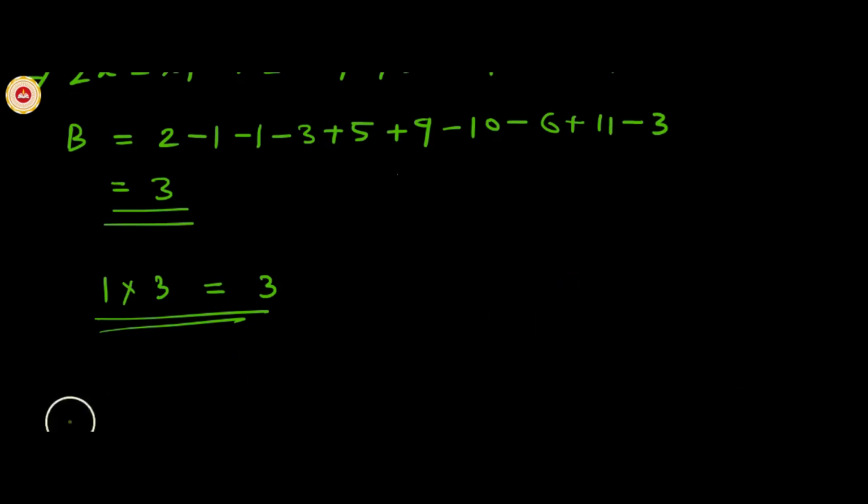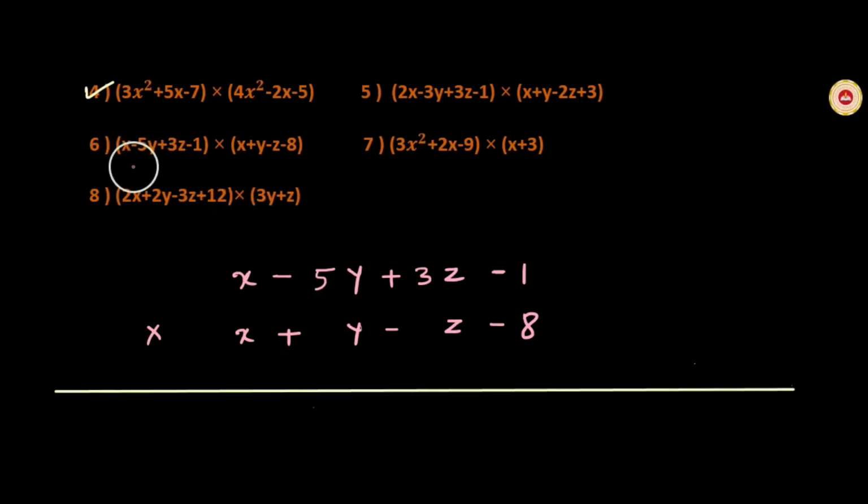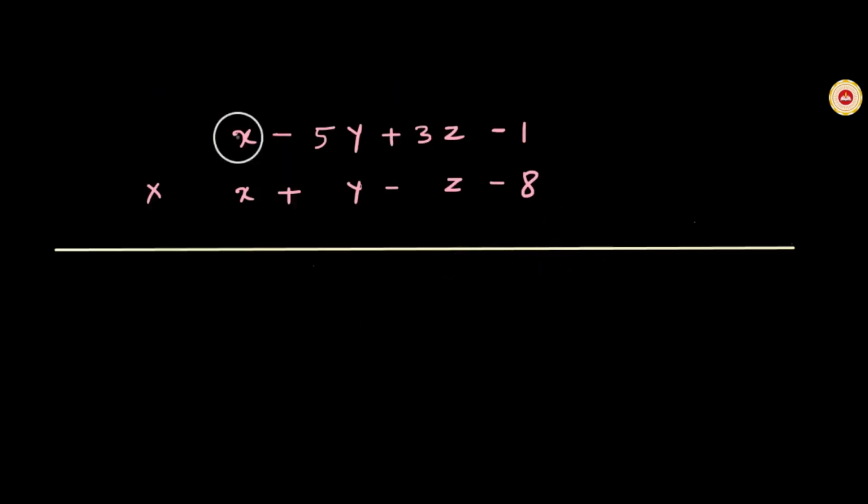So next example. Example 6. x minus 5y plus 3z minus 1 multiplied by x plus y minus z minus 8. See, the multiplicand has 4 terms and the multiplier has 4 terms. Both polynomials have 4 terms each.